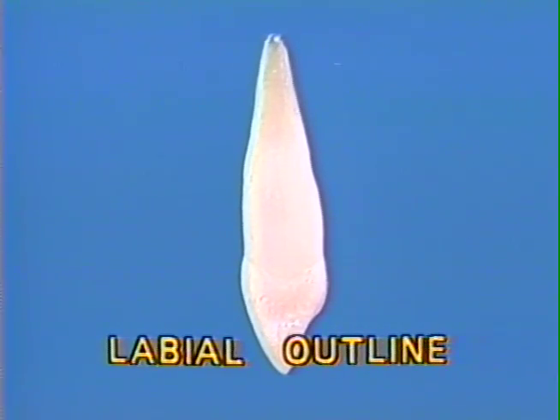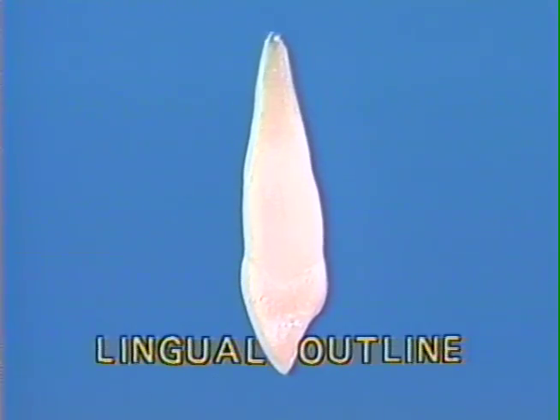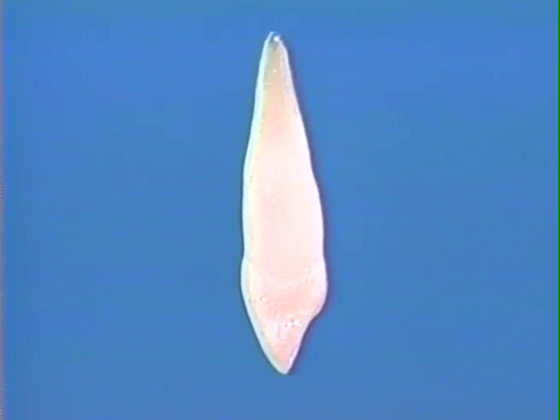Labial outline. The labial outline is convex incisocervically with a height of contour in the cervical third. Lingual outline. The lingual outline is concave from the incisal to the cingulum and convex from the cingulum to the cervical line with a height of contour in the cervical third.